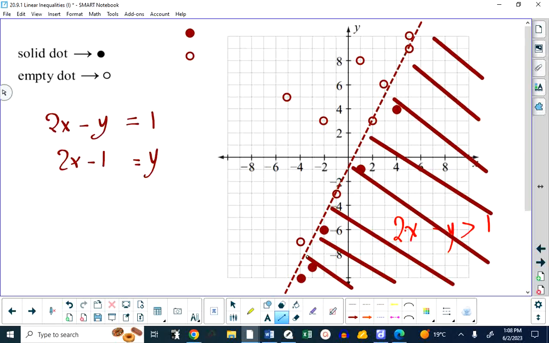It's telling you any point in that shaded region is a solution, but not where it's not shaded and not on the line, because the line is a dotted line. Does that make sense? Any questions there?